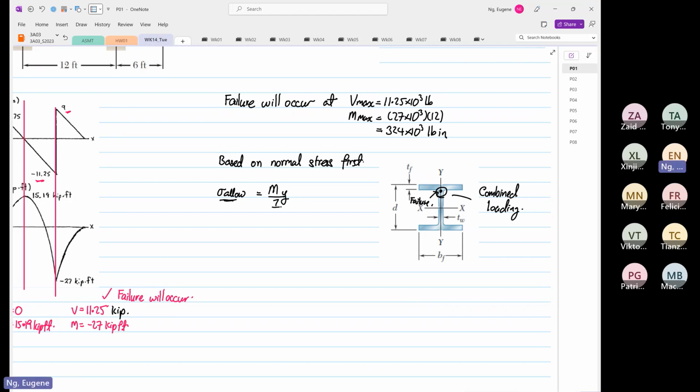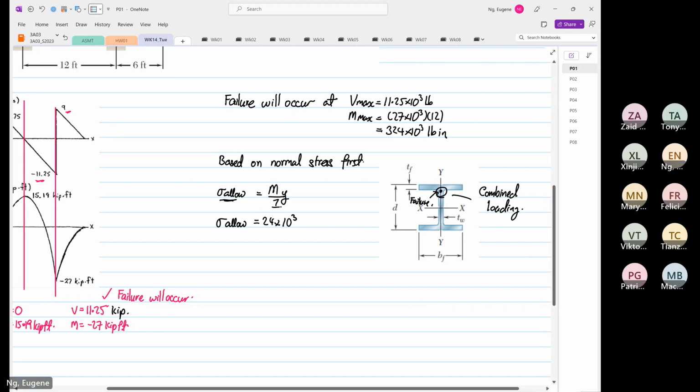So what are the values we know? We know that the stress allowable is equal to 24 times 10 to the power 3. And we know that the moment that we're going to take is equal to 3 to 4 times 10 to the power 3.